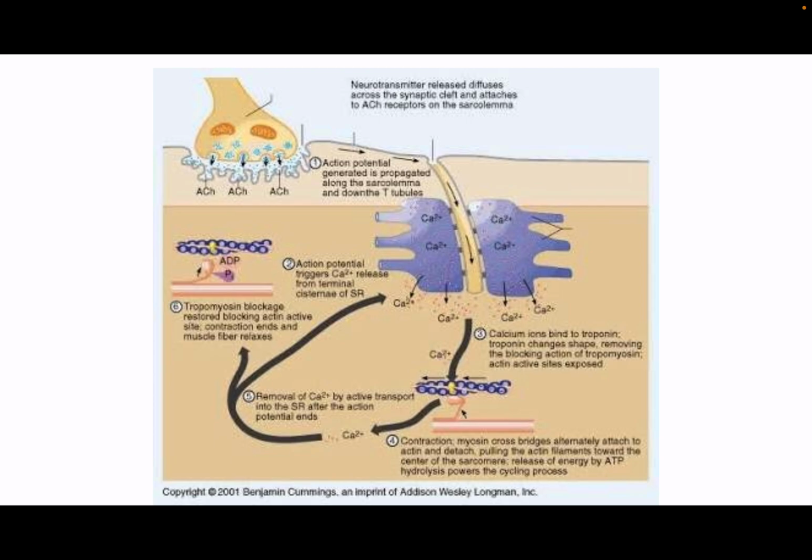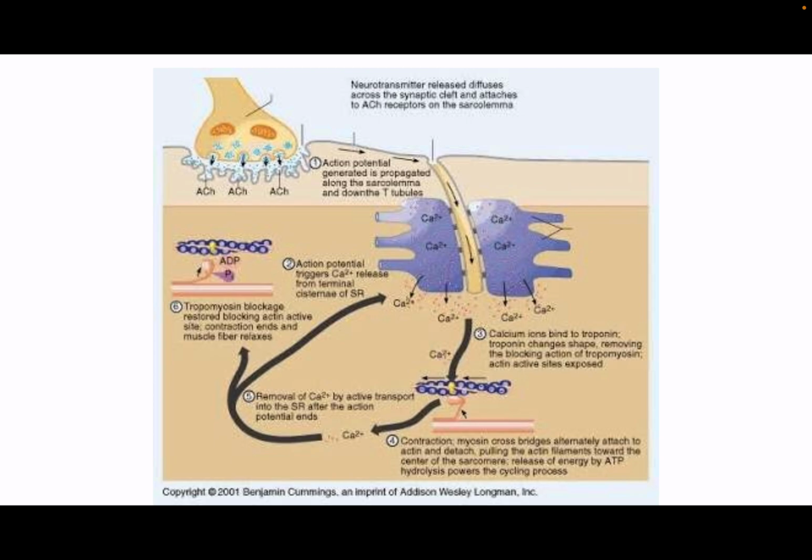That's going to shift the tropomyosin, and that allows the myosin heads to attach, forming our cross bridges. Once those attach, our myosin cross bridges are going to basically bend and go through this thing called the power stroke and pull the actin towards the center of the sarcomere.